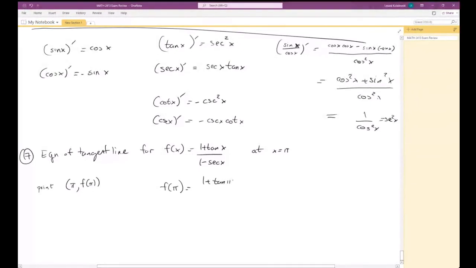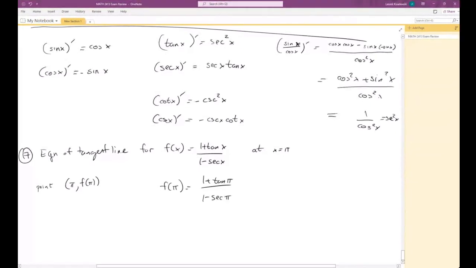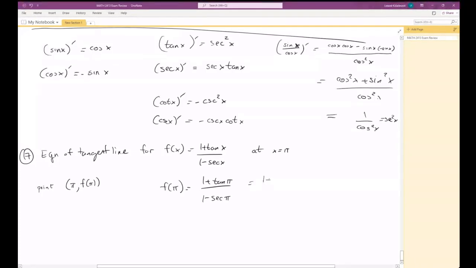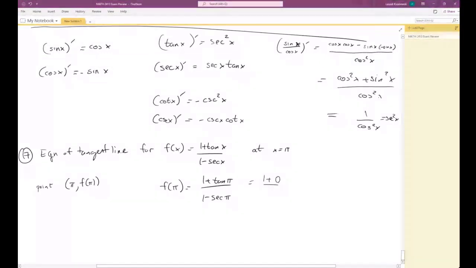What's tangent of pi? Zero. Yeah. And what's secant of pi?